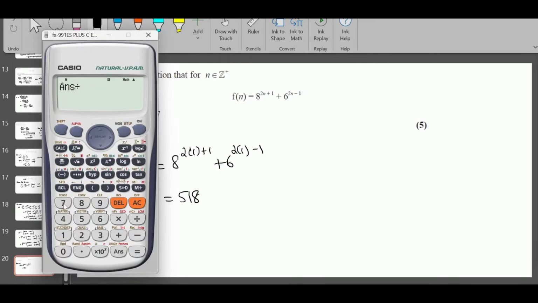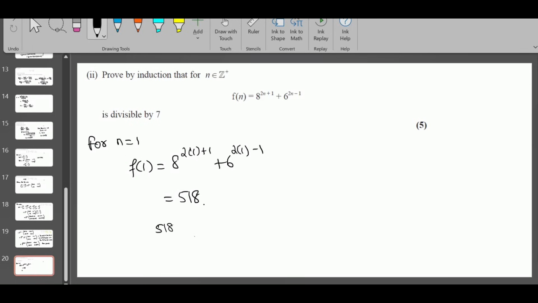It is divisible by 7, right? Yep. 518 divided by 7 is 74. Therefore, divisible by 7. So we proved the statement is true for n is equal to 1.